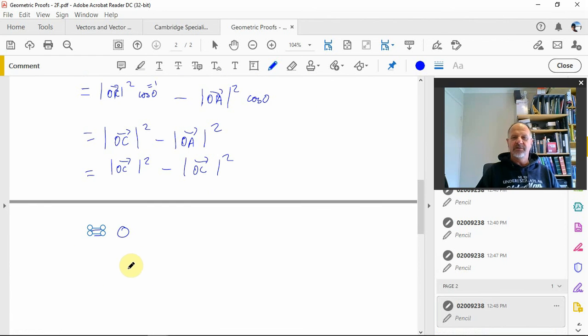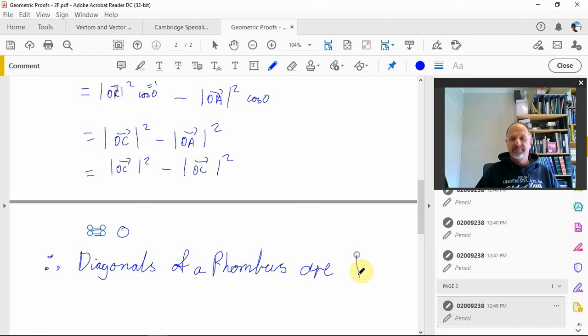And if that equals 0, we know when a dot product is equal to 0 that the angle is 90 degrees. So the diagonals of a rhombus are perpendicular. They're at 90 degrees to each other.